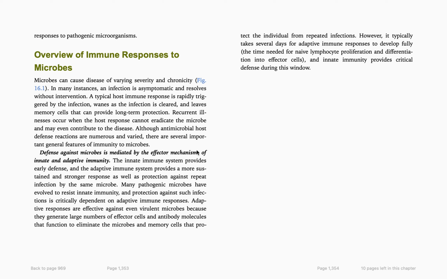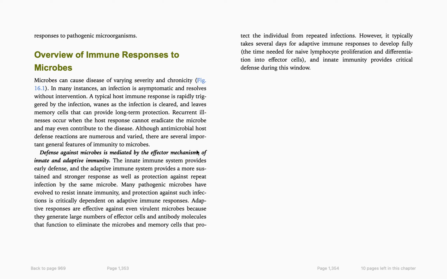Overview of immune response to microbes. Microbes can cause disease of varying severity and chronicity. In many instances, an infection is asymptomatic and resolved without intervention. A typical host immune response is rapidly triggered by the infection, and once the infection is cleared it leaves memory cells that can provide long-term protection.